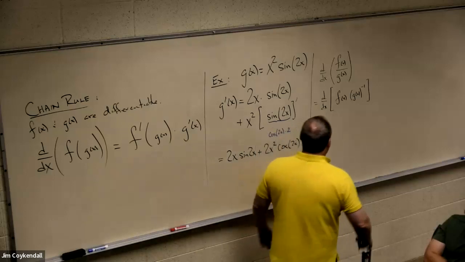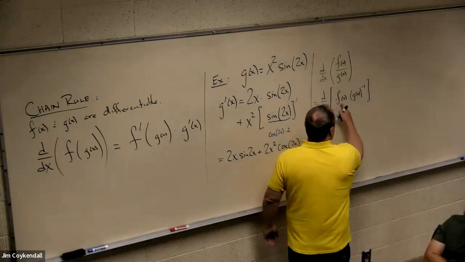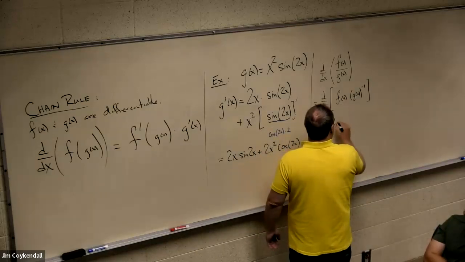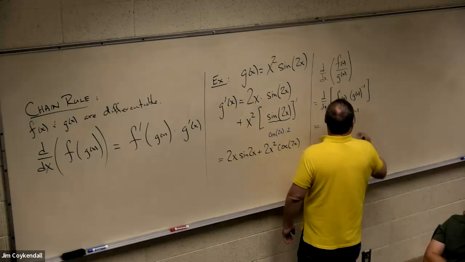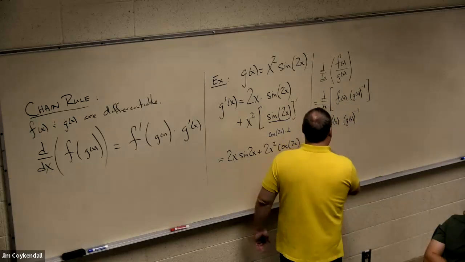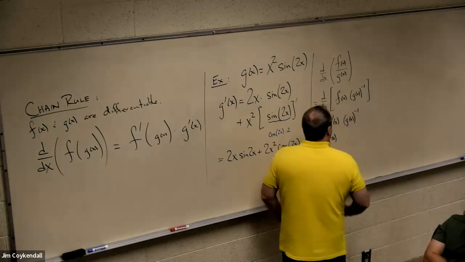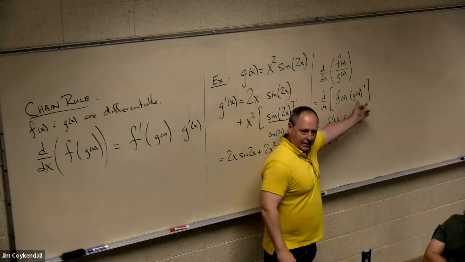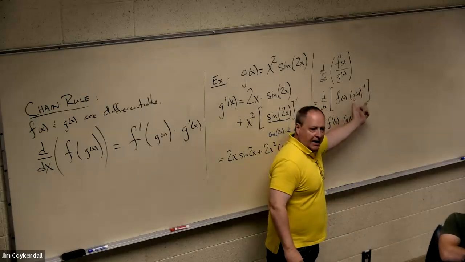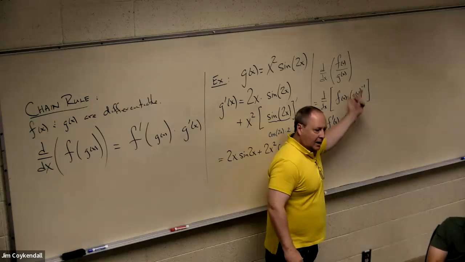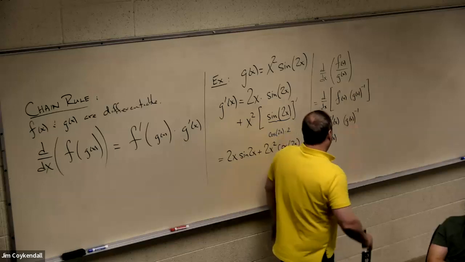So let's see what happens. First, I'll take your derivative. And now I'm going to take the derivative of this guy. Now, what do I have? I have g to the negative 1 power, right? How do I take the derivative of g to the minus 1 power?